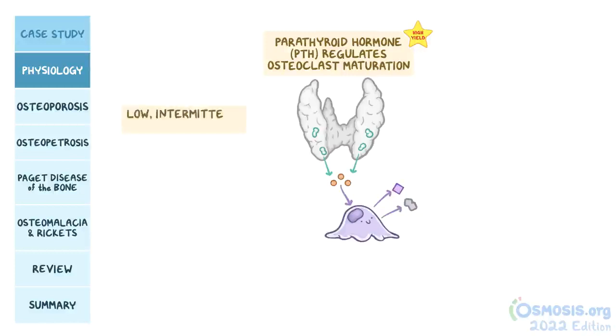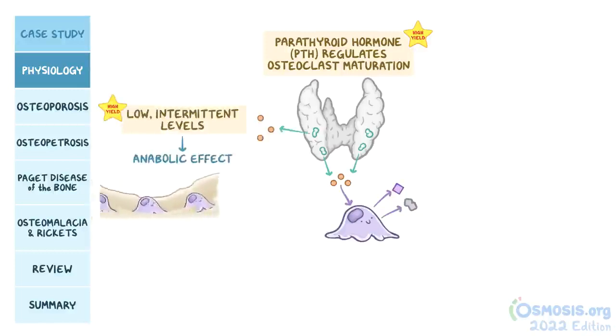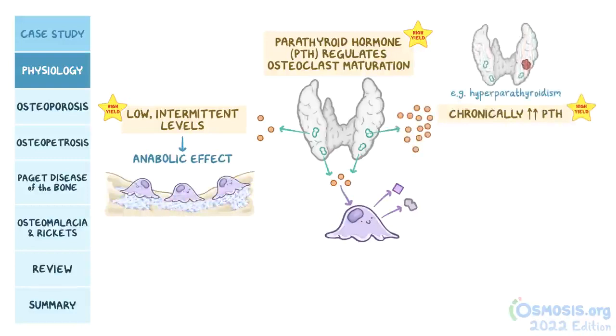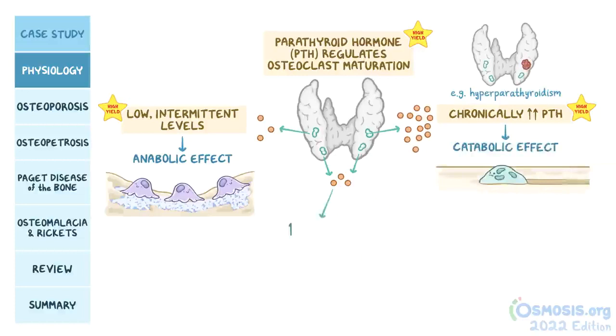At low intermittent levels, the hormone exerts anabolic effects, meaning it promotes bone formation. Conversely, chronically increased parathyroid hormone levels, like, for example, in primary hyperparathyroidism, cause catabolic effects, meaning it promotes bone resorption. Additionally, the hormone also increases calcium levels and decreases phosphate levels by increasing its urinary excretion.